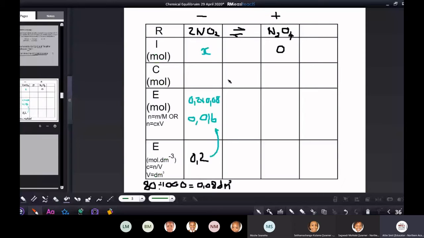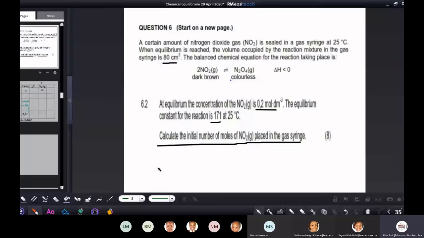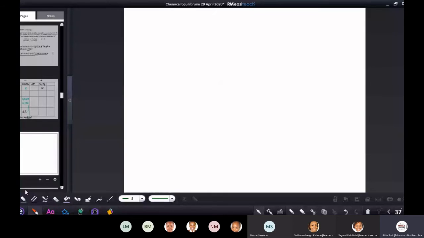So we need the change to actually get to the rest. This is where I got lost: they gave us the Kc. So if you work out the Kc from the beginning, instead of making it so difficult with quadratic equations, let's work out our Kc.